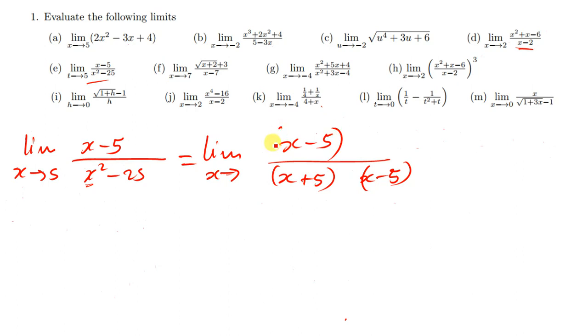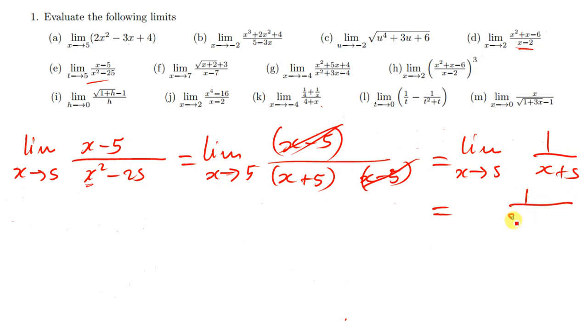You see that the x minus 5 on top will cancel with the x minus 5 below, meaning you just remain with the limit as x approaches 5 of 1 over x plus 5. We replace x with 5, so we have 1 over 5 plus 5, which is just 1 over 10. So this is the solution to this expression.